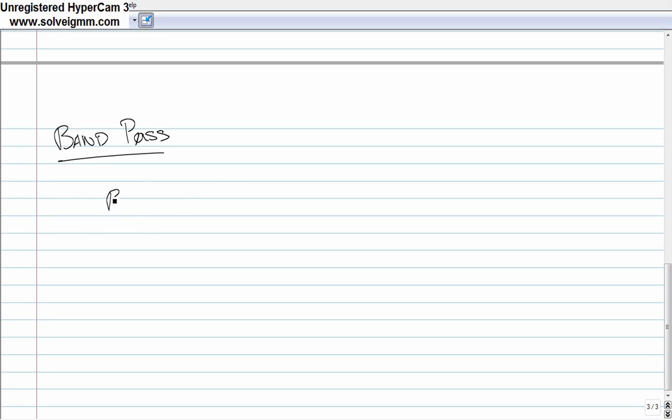So it passes frequencies greater than FC minus band, where I'm using band as shorthand for bandwidth, and less than FC plus the bandwidth.